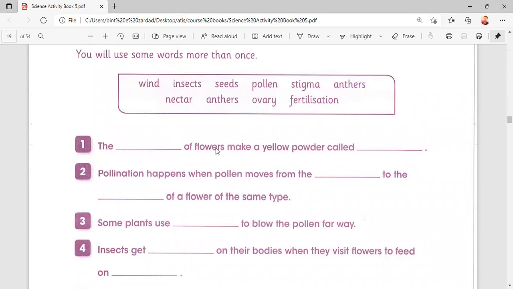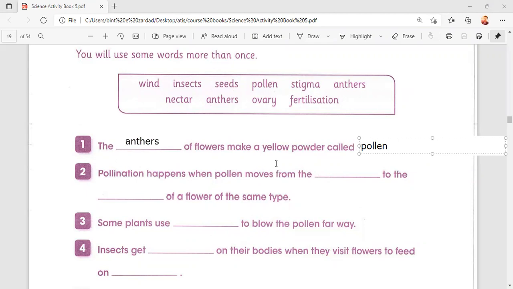The anthers of flowers make a yellow powder called pollen. Pollen is a powder.